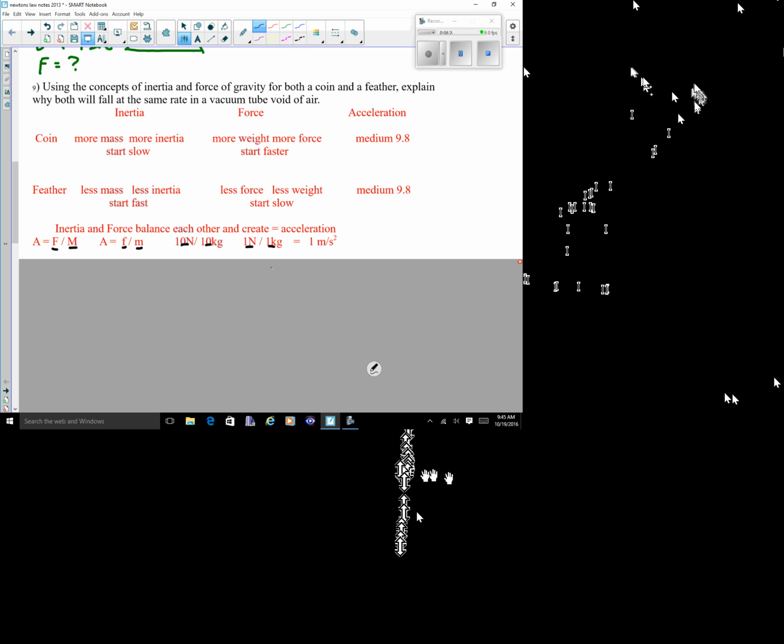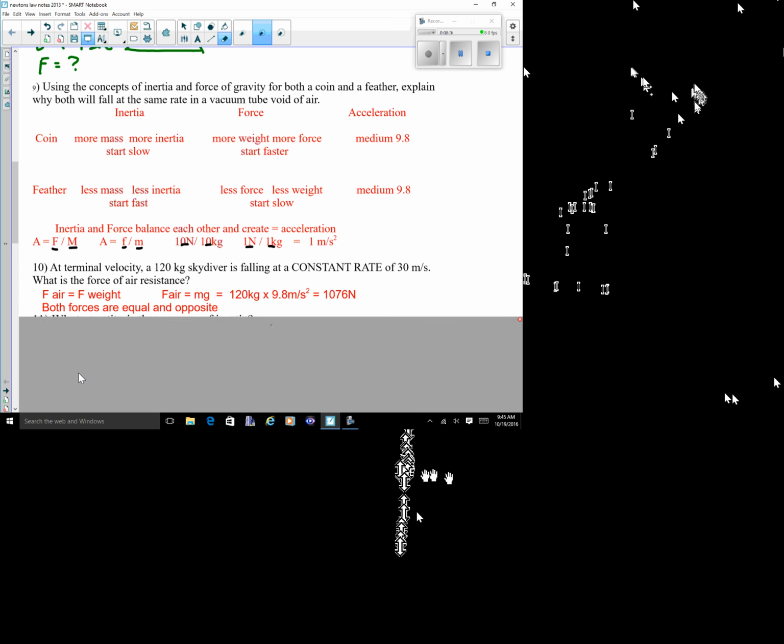So let's take a look at this. Terminal velocity is when a skydiver is dropping out of an airplane, let's say, and you would think that he keeps speeding up and speeding up. Well, eventually he doesn't, because the force of his weight going down will eventually equal the force of the air pushing up.